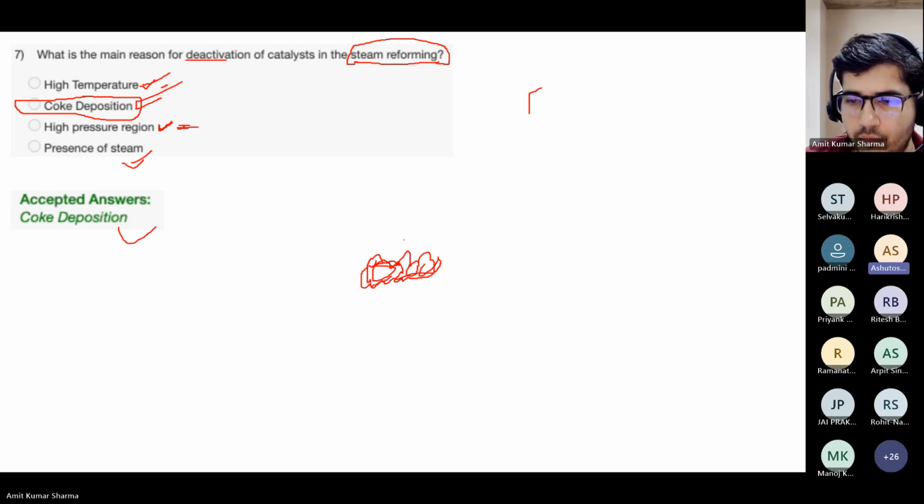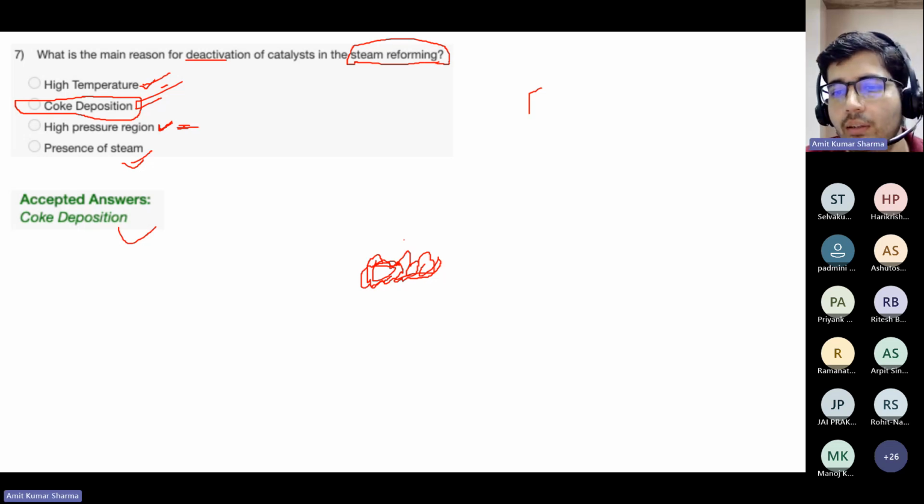Is there any restriction for velocity? As I already told you, you have to look in the kinetic model, because the reaction kinetics is very complex. You have a particular catalyst, and the reaction kinetics will change as per the catalyst.